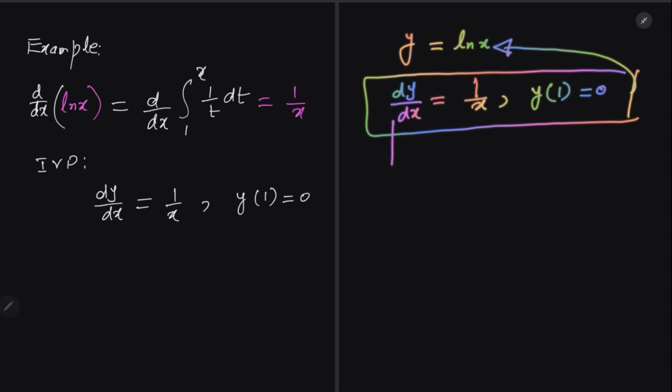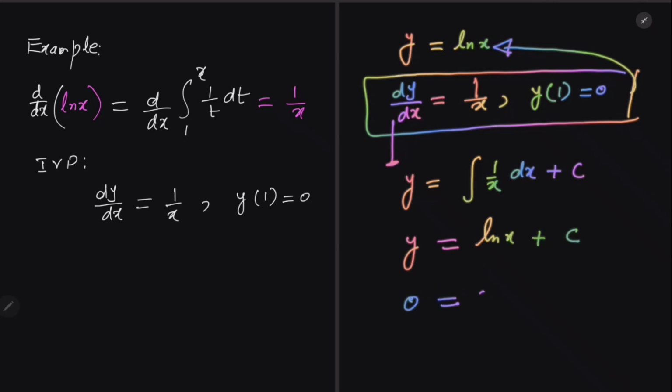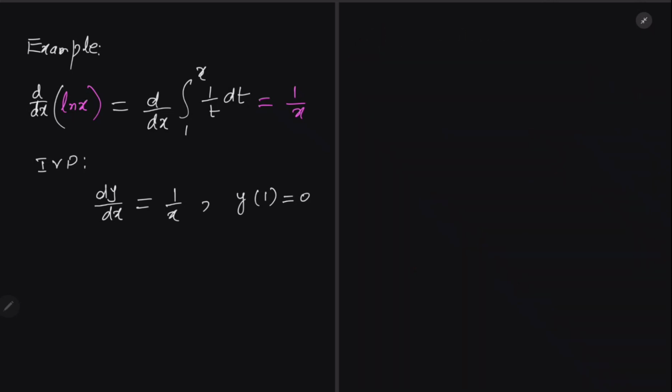For example, if I just take integration, we get y is equal to the integral of 1 over x dx plus a constant of integration, y is natural log of x plus c. When x is 1, y is 0, natural log of 1 is 0, then c is 0. So we get y is equal to natural log of x. So from y you can generate an initial value problem, and from the initial value problem you can find the function y.